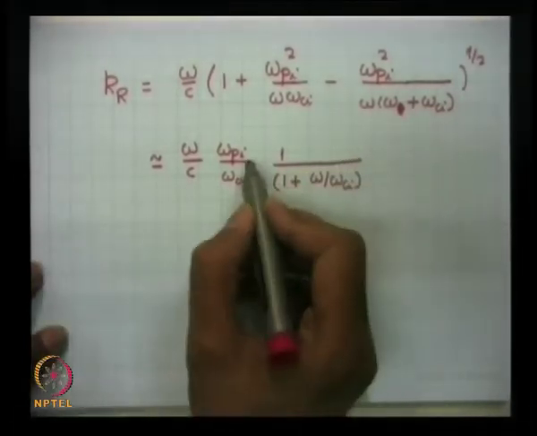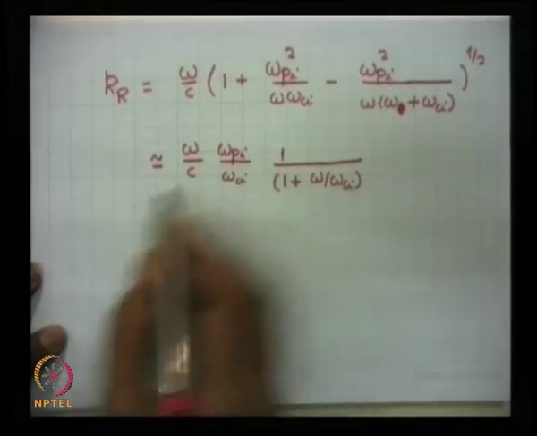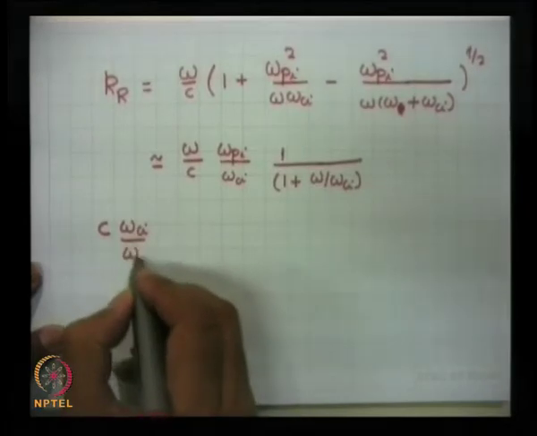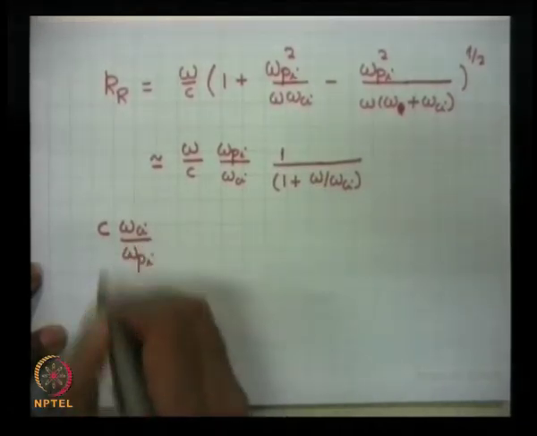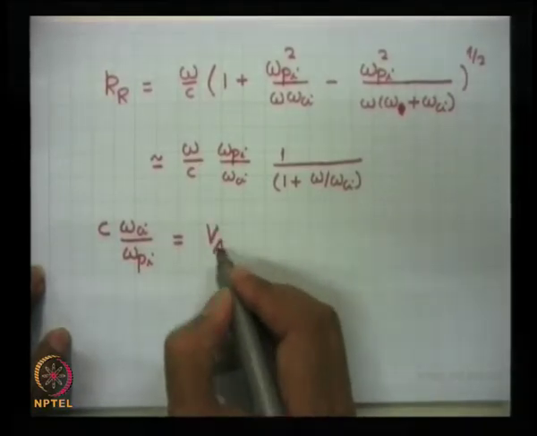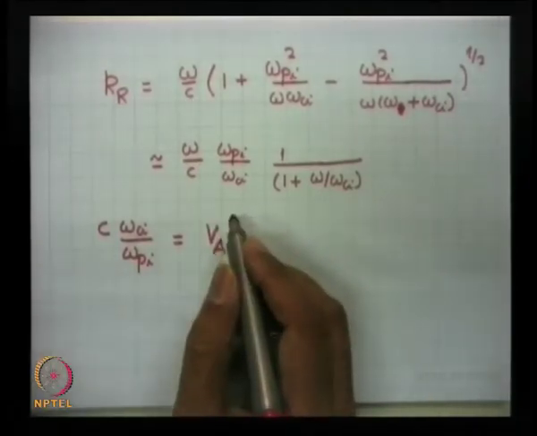Well, this quantity c omega ci upon omega pi has the dimension of velocity and is given the name Alfven velocity, and we shall learn its relevance in a moment.